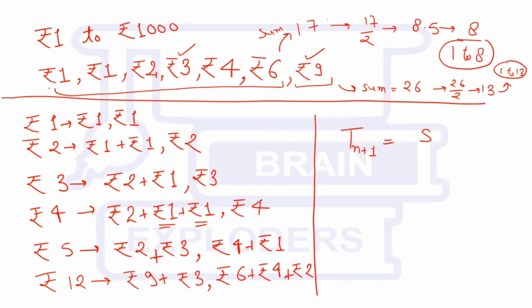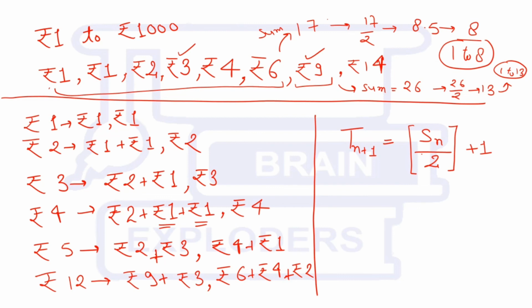So our observation tells us that if we take the sum of previous n terms and divide it by 2 and take its integer part, this function represents the greatest integer function, and then add 1 to it, it gives us the new term, and in this way we can proceed. Since we can pay amounts from 1 to 13, there was a need of 14 over here. So this is correct now.